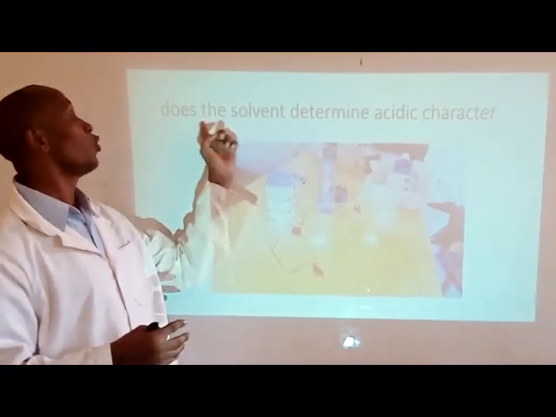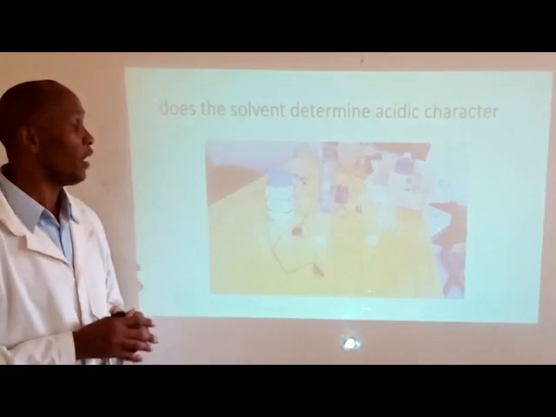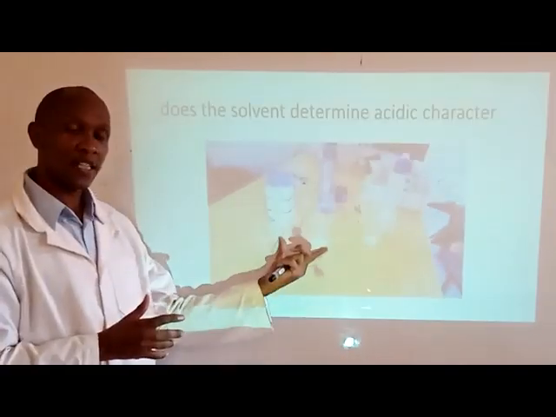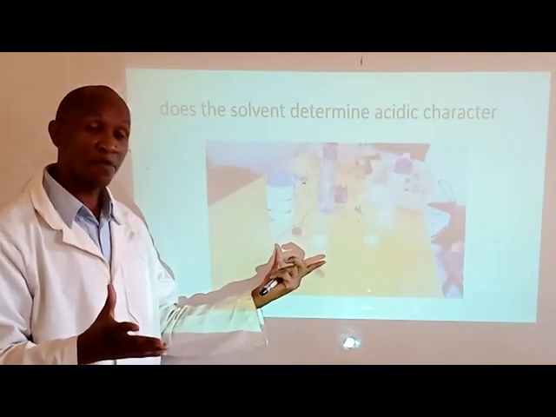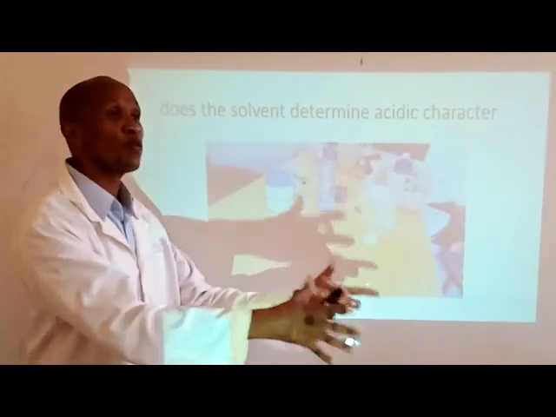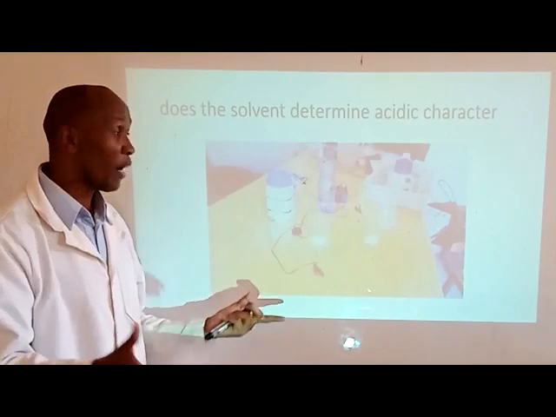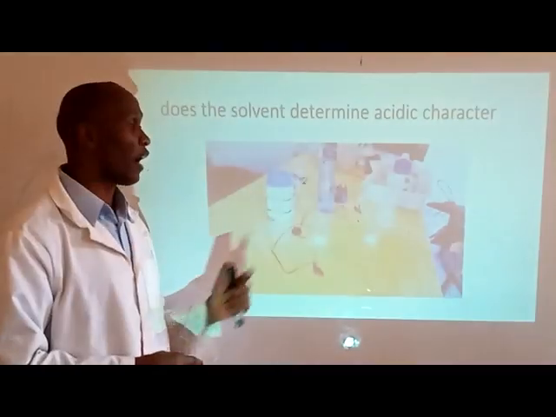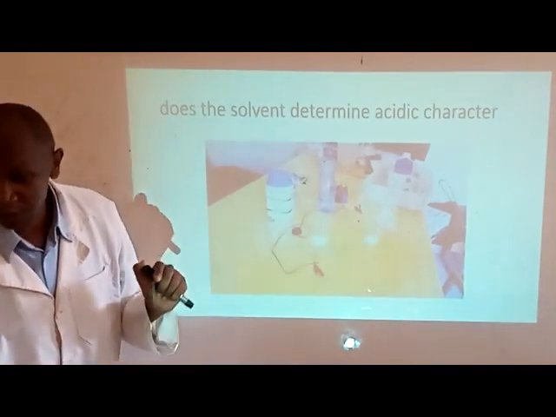Does it depend on what you dissolve it in? Because if we discover that there are times when a substance that is called an acid does not react with a metal to form hydrogen gas, then we may have to improve our definition of acid. Let's briefly look at that.